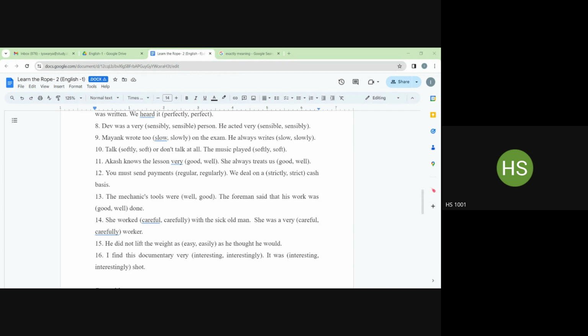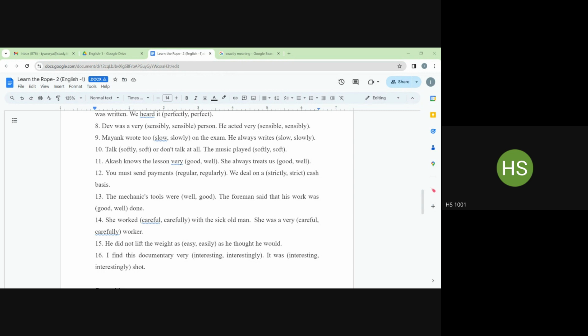13th one, the mechanic's tools were well or good. The foreman said that his work was good or well done. First one, the mechanic's tools were good, right? Most of the time we use good for any person or thing.